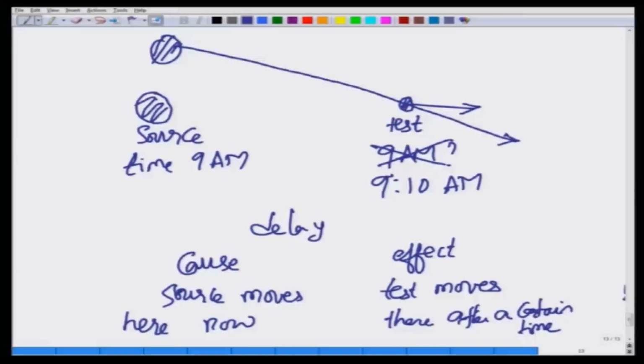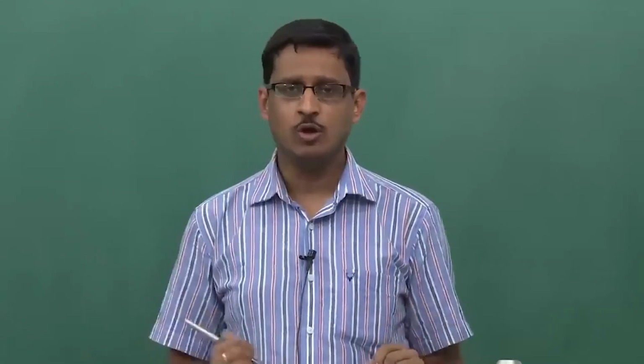So, there is some amount of time delay. Now, if you keep these two very far apart, you can see that the source charge is moving while the test charge remains stationary. After a certain time the test charge starts to move.